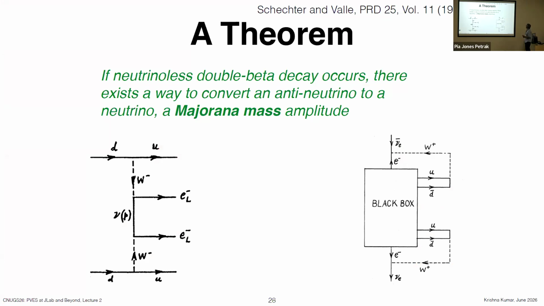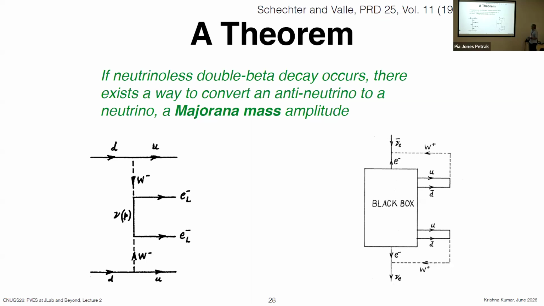This is a very highly cited PRD paper called the Schechter-Valle theorem. If neutrinoless double beta decay occurs, there exists a way to convert an antineutrino to a neutrino, a Majorana mass particle. So this is this basic diagram, but you actually don't care what this box is. The black box doesn't matter. The fact that you start off with an antineutrino and end up with a neutrino means you have Majorana neutrinos.